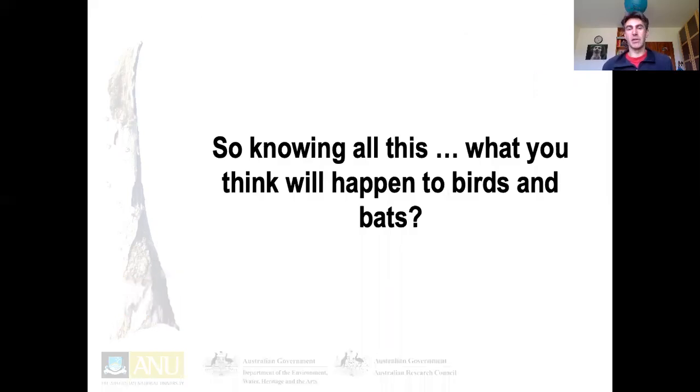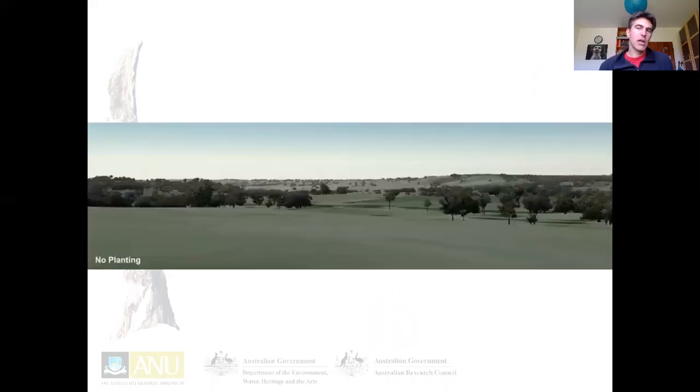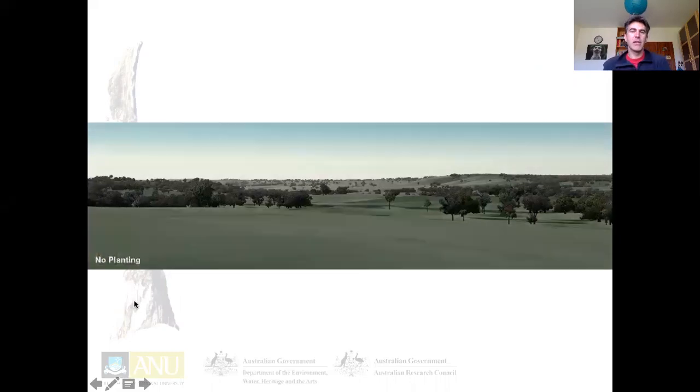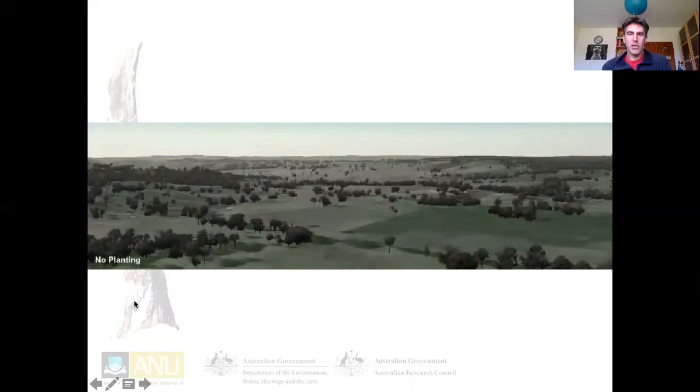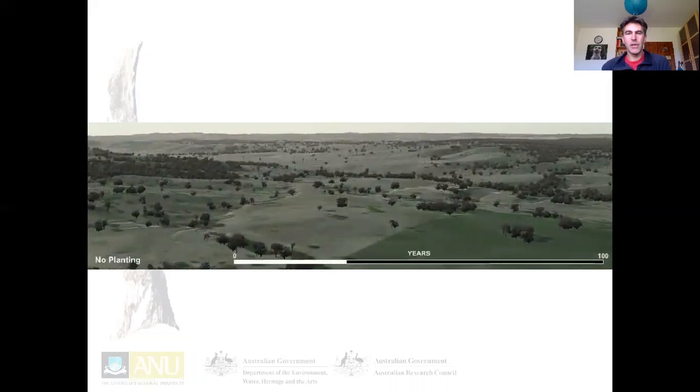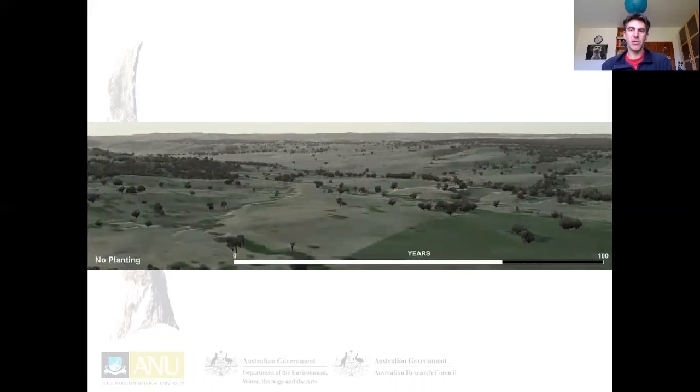So what will happen now with tree decline to birds and bats? And before we get into that, I'll show you a small animation of what will happen to tree cover given the modeling work that we did. So we looked here 100 years into the future. This is based on remote sensing data. Current tree cover looks like that. And we created a demographic model of tree regeneration based on what we knew about the diameters of trees.